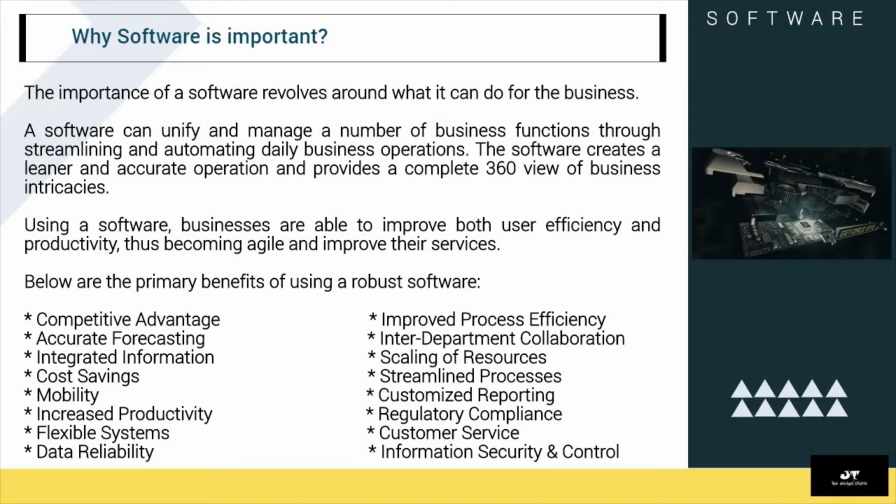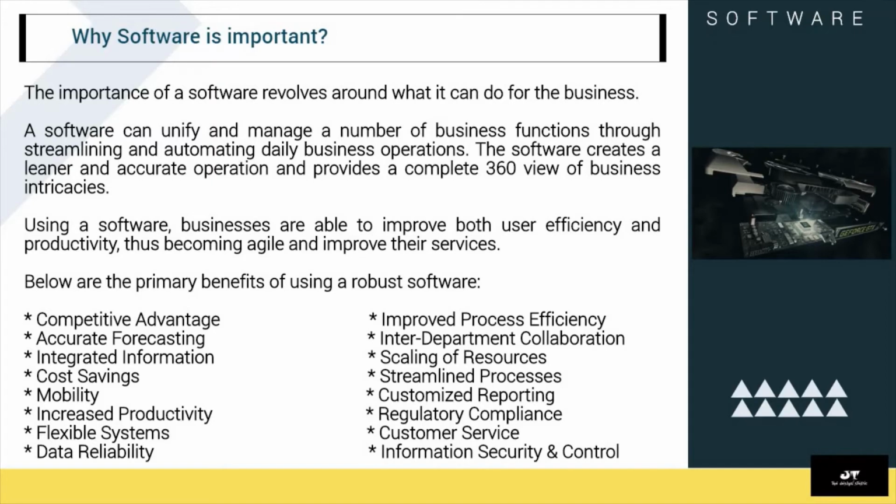A software can unify and manage a number of business functions through streamlining and automating daily business operations. The software creates a leaner and accurate operation, and provides a complete 360 view of business intricacies. Using a software, businesses are able to improve both user efficiency and productivity, thus becoming agile and improve their services.